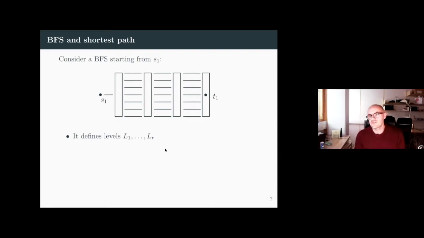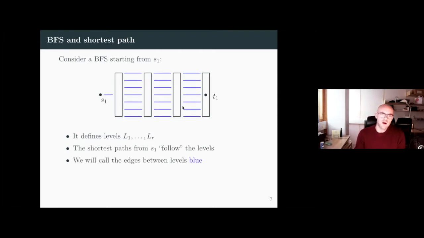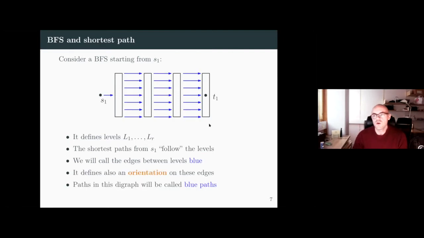So this is a partition of the vertices of the graph, and now every shortest path starting from s1 just follows the levels. In particular, it means that the only edges that we care about are these edges. And because we'll have several paths, we'll get several colors. So for the moment, we'll call these edges blue edges. And if you orient these edges between 2 consecutive levels, between 1 and 2, 2 and 3, etc., then what you're looking for is not a shortest path between s1 and t1 in the graph.